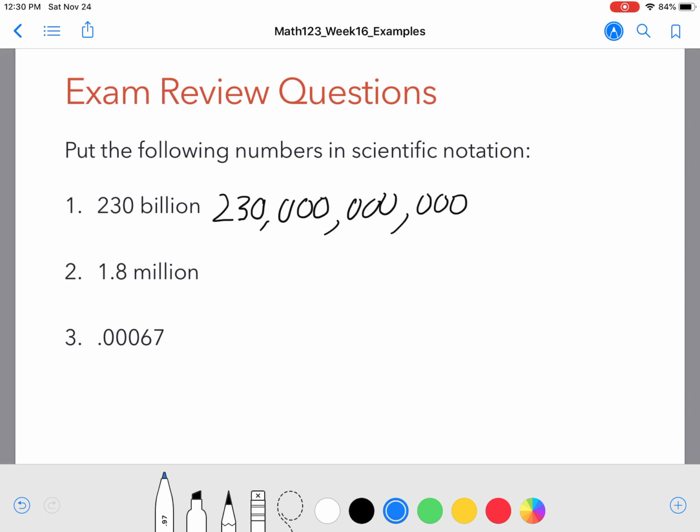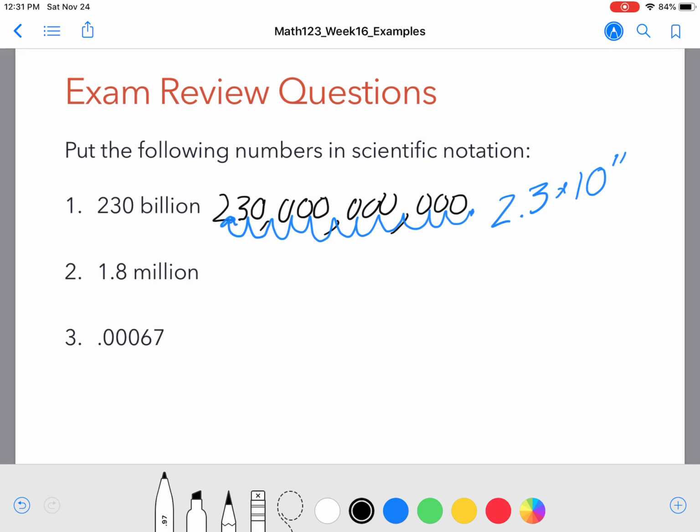Here's my original decimal place. I want it in scientific notation though, so I want my decimal here. I just have to count 1, 2, 3, 4, 5, 6, 7, 8, 9, 10, 11 spots. So this is going to be 2.3 times 10 to the 11th power.